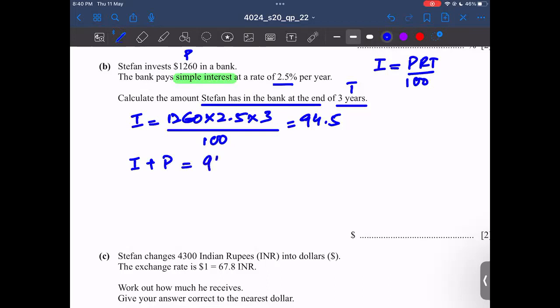The interest amount is 94.5 and the amount he has invested is 1,260. So in the bank, he is going to have 94.5 plus 1,260, which is $1,354.5 after 3 years. This includes the interest amount and the principal amount, the amount that he has invested.